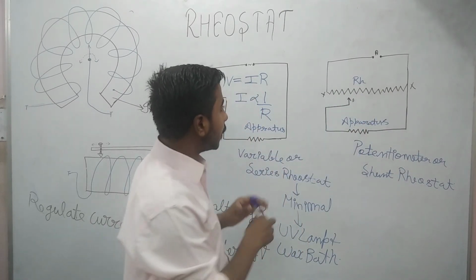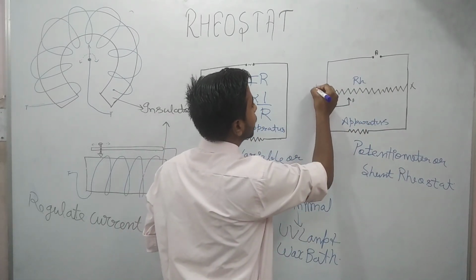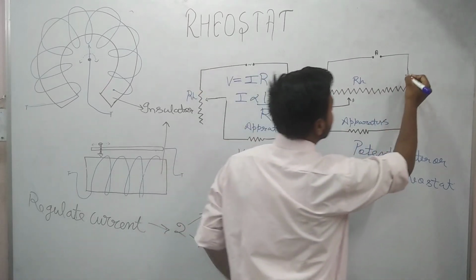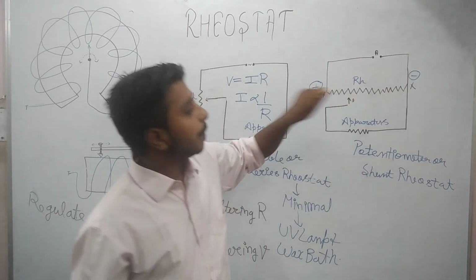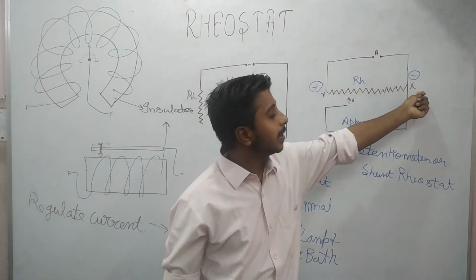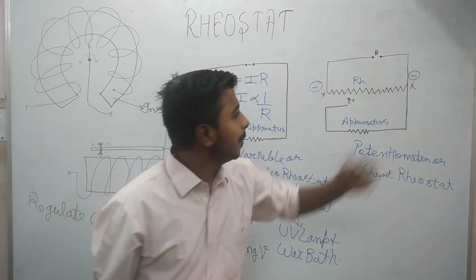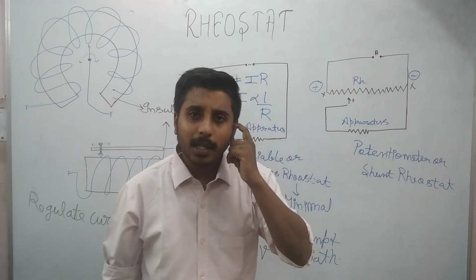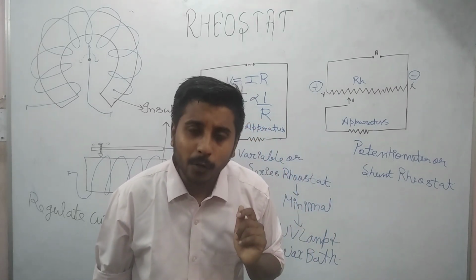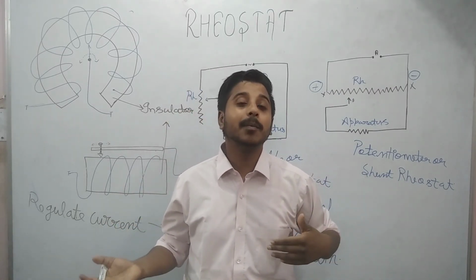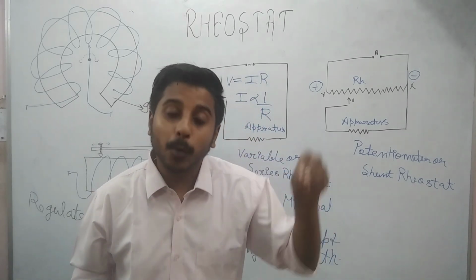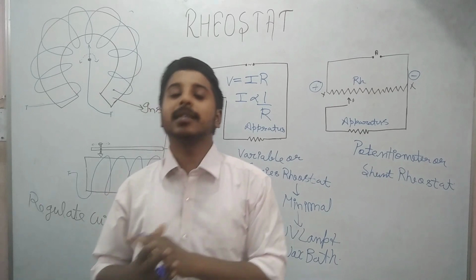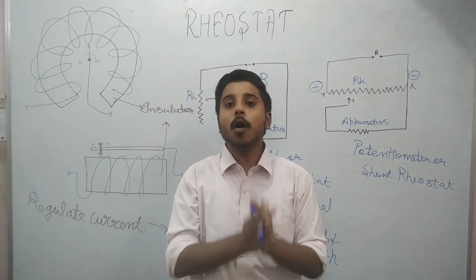Now you can see, we can say that this is at positive potential and this is at negative potential. When I pick up this B knob and place it at X, both are at the same potential. Will the current flow? No. Why? Because current moves from high potential to low potential, which means a potential difference is necessary for the flowing of current.